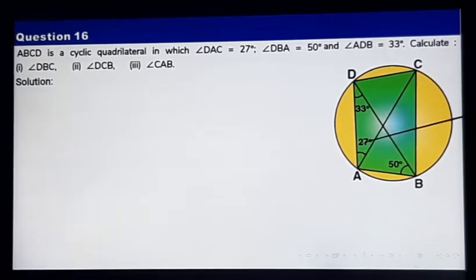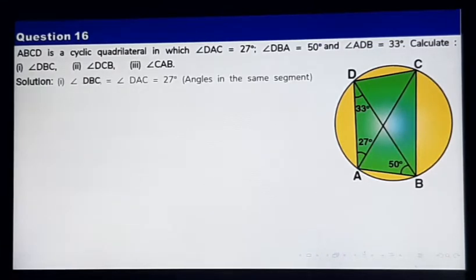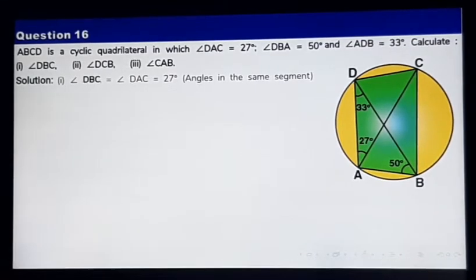So angle DBC equals DAC, and this will be equal to 27 degree because they are angles in the same segment.